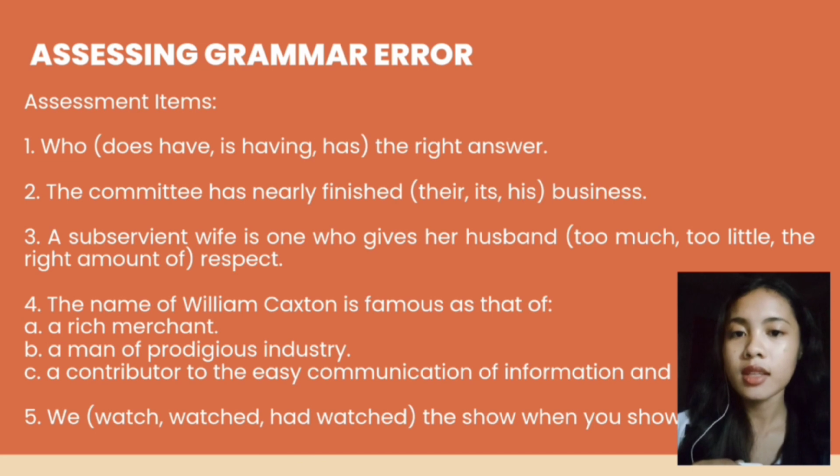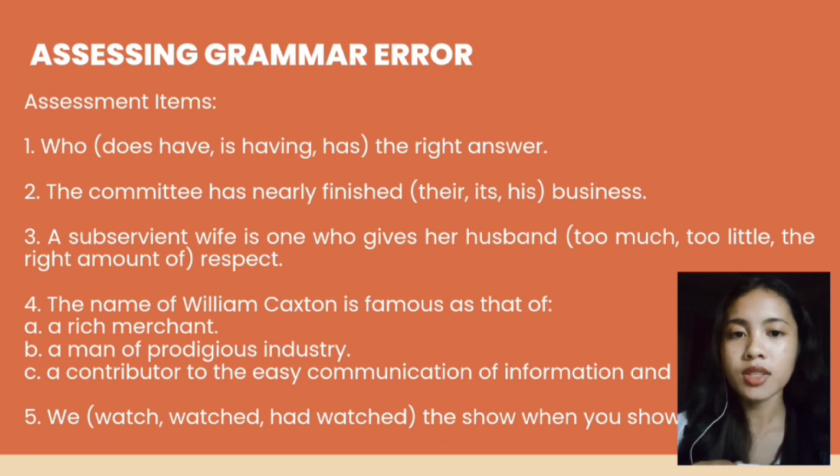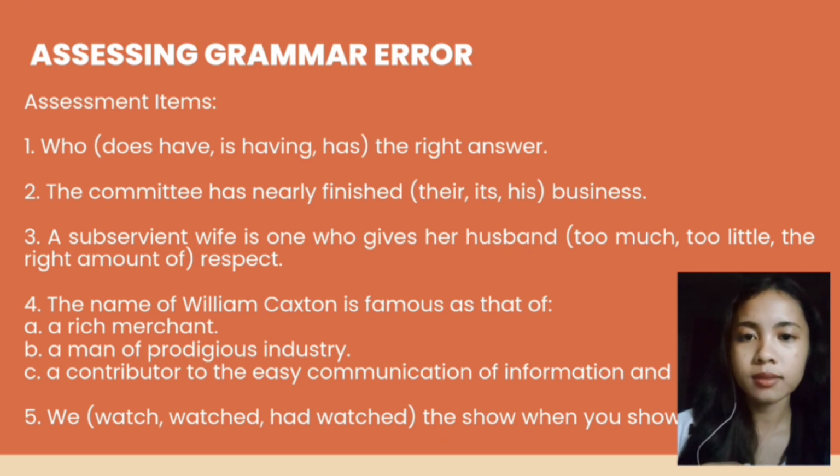Letter C is the correct answer, which is based on our understanding of William Caxton's role in spreading information and literature. For the last question, number 5, it assesses the understanding of verb tense in a sentence. The correct answer is "watched."